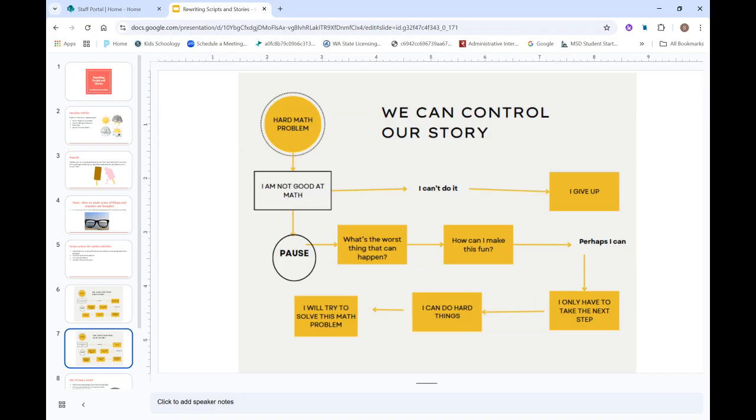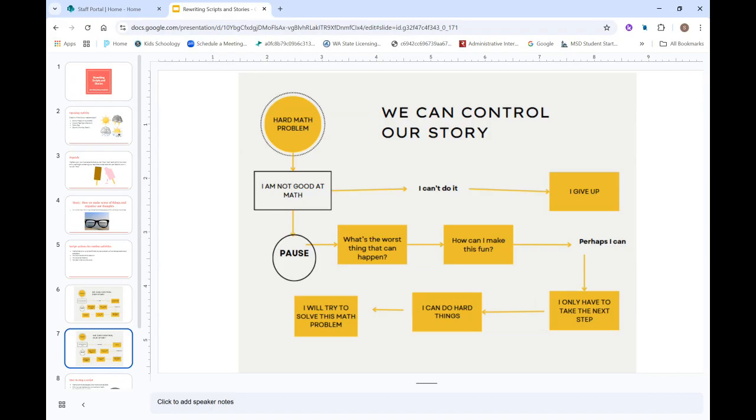Even though our story says I'm not good at math, I'm going to pause and say, wait a minute, I'm going to think about some alternatives. What's the worst thing that can happen if I try to solve this math problem? Or how can I make this fun? Or perhaps I can solve this problem.